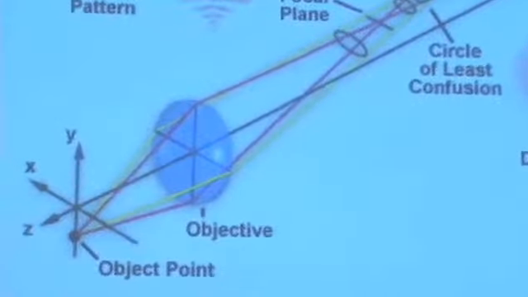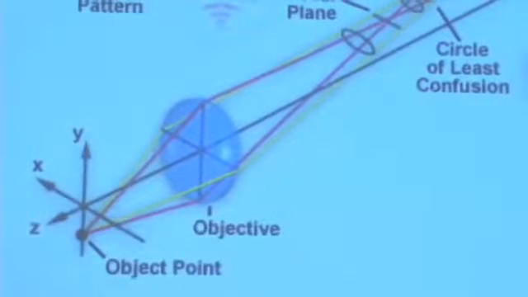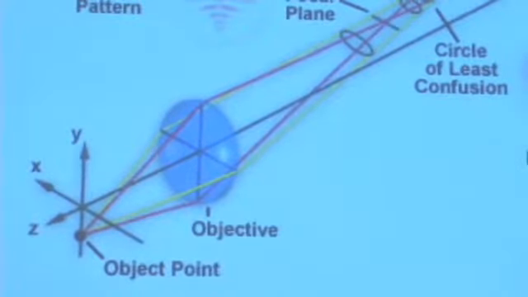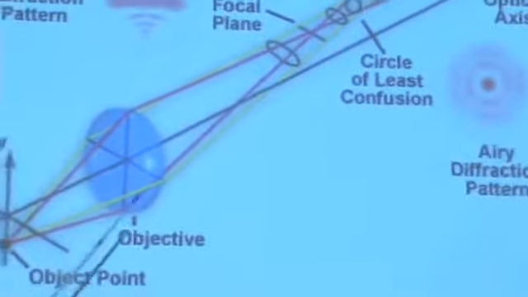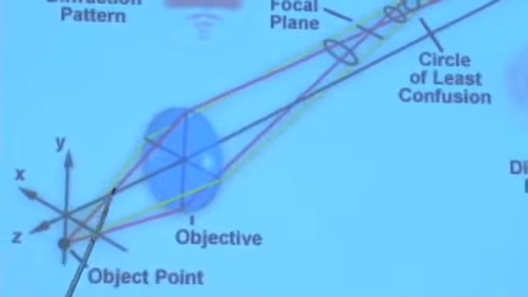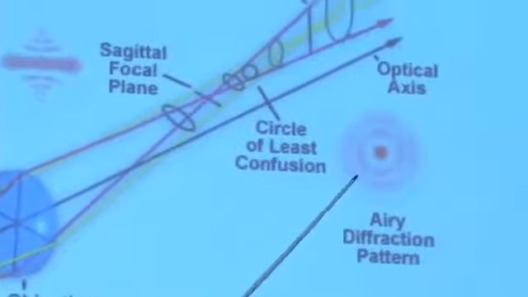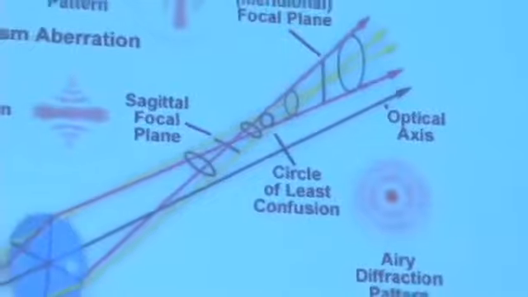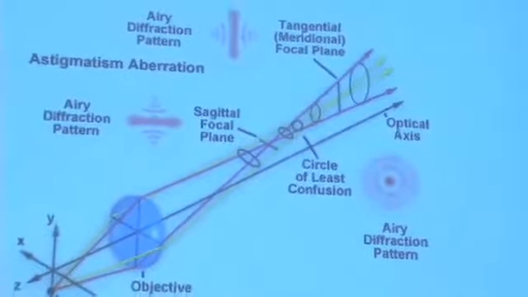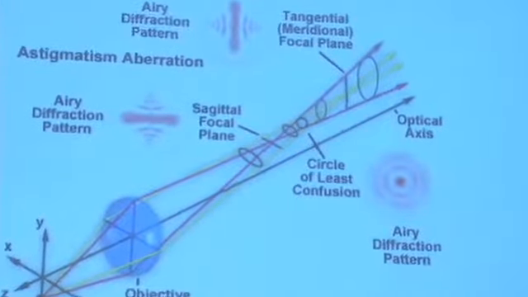So this means that it'll actually modify the shape of this point as well. And so rather than getting a very nice point source, you might get something like this Airy diffraction pattern, or you might get something weird like these almost donut shapes that can exist.